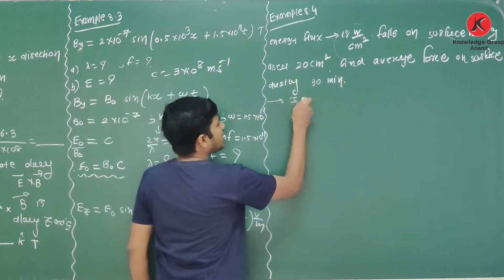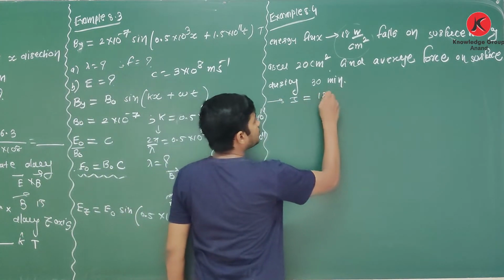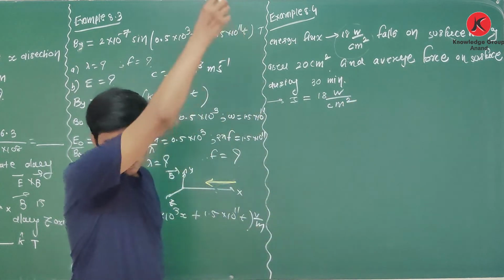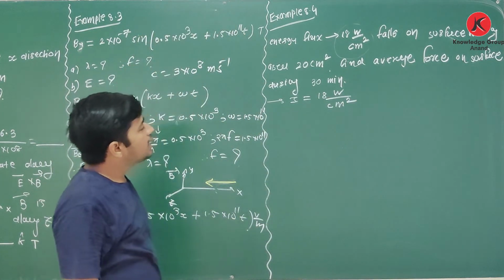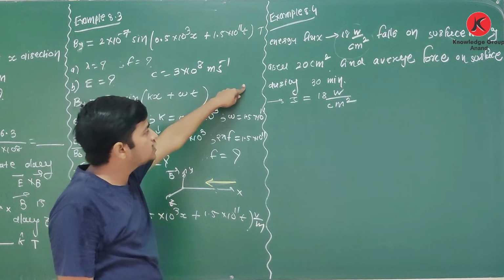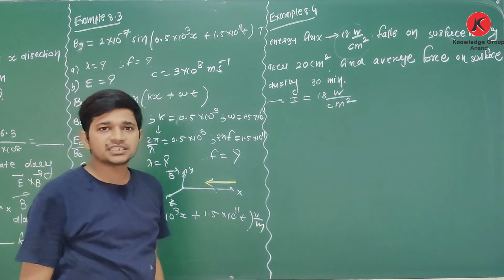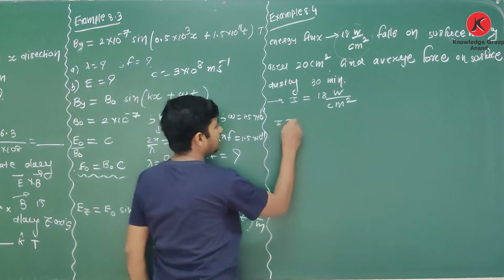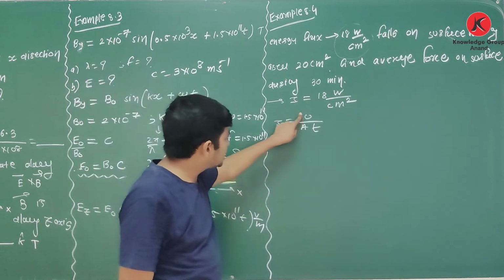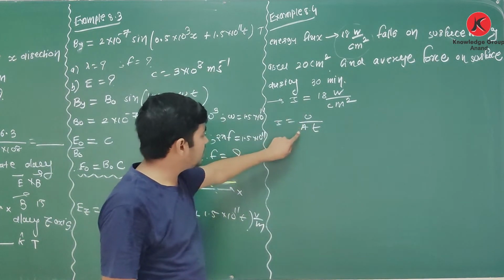So intensity I is equal to 18 watt per centimeter square. Now we have to find the force on the surface, which falls on an area of 20 centimeter square, during 30 minutes. I can write the equation of energy: I = U/(At), that is, intensity is energy per unit area per unit time.